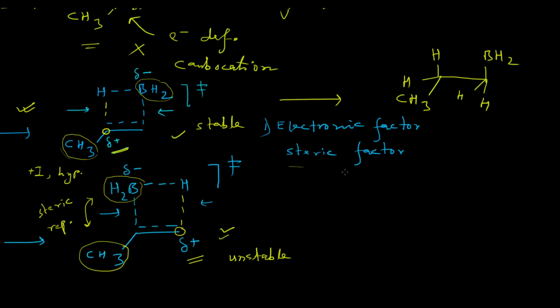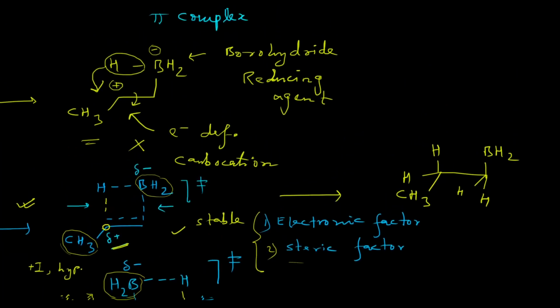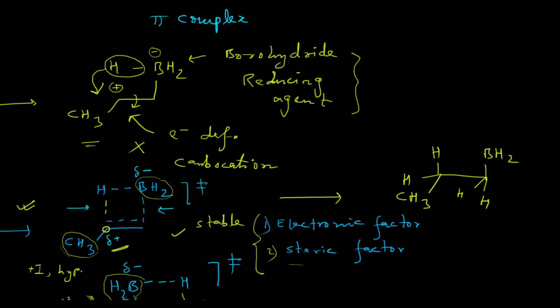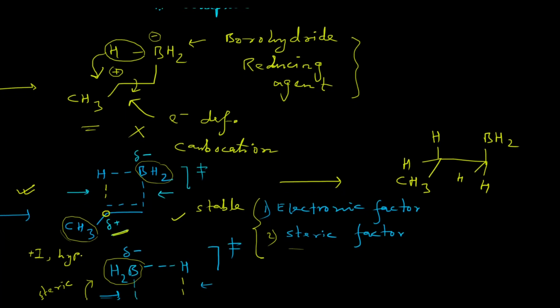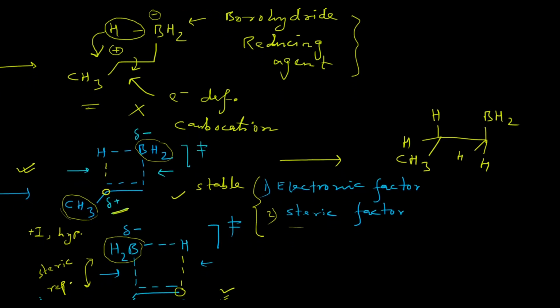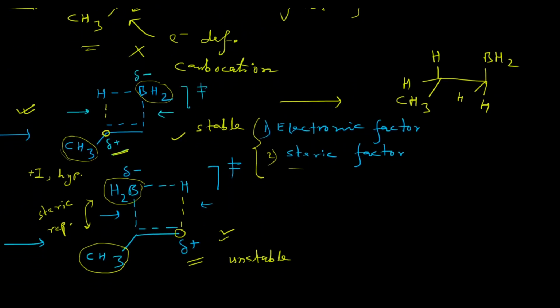So now we can see why the reaction is very stereospecific in nature as well as highly regioselective. The regioselectivity comes from these two factors, electronic and steric, and the stereospecificity, that is the syn addition, comes from this factor, right? So the mechanism is completely explained. Now it will be very easy for you to understand the hydroboration reaction, right?